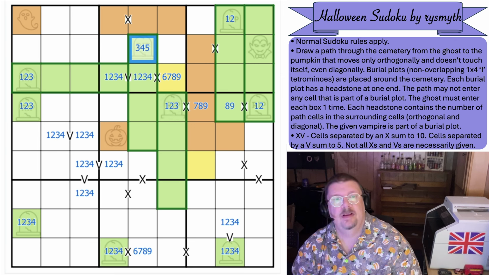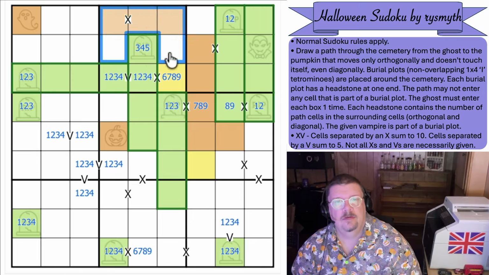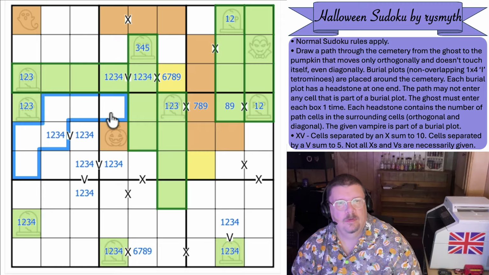So I can take out 1 or 2. That could be 5, which would make that 1. I don't see any obvious reason why that can't be. Yeah, that could get the 3 there.